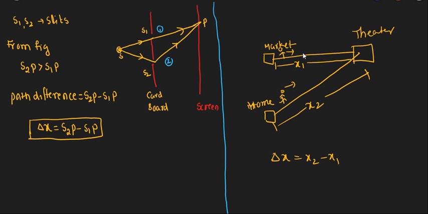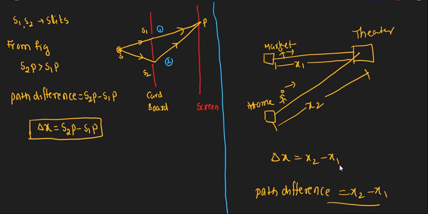They are not traveling the same distance to reach the theater. The difference in the distance traveled by the two persons on reaching the theater is also called the path difference. Path difference is nothing but difference in distance. From the figure, the path difference we write is x2 minus x1.